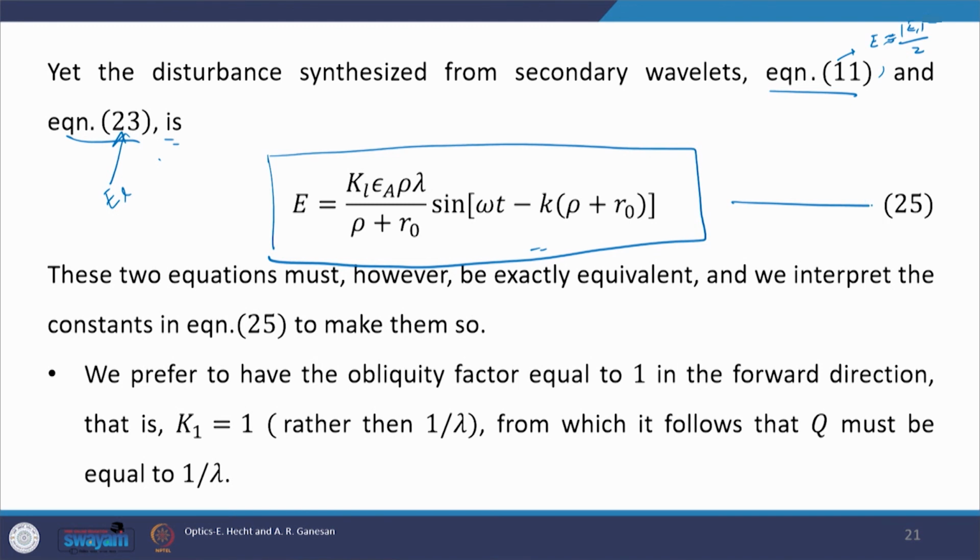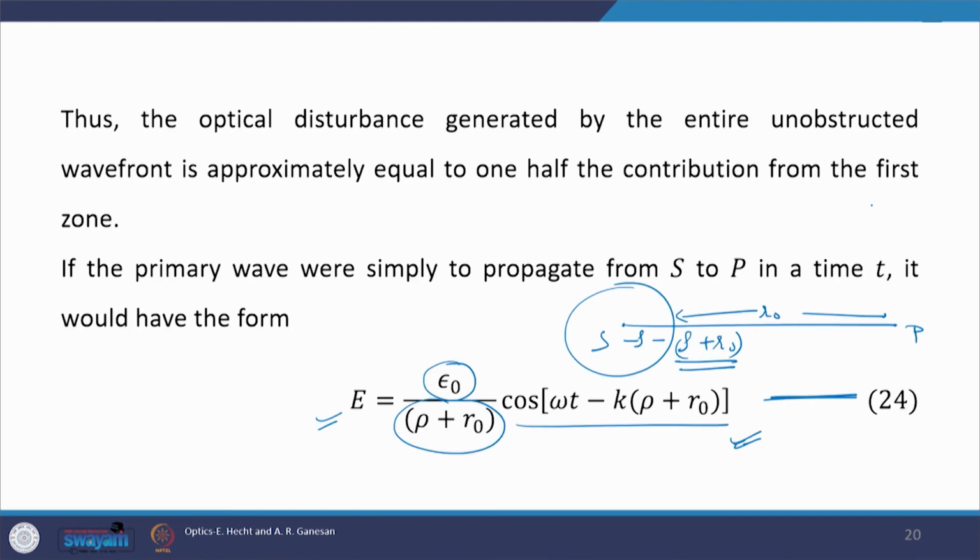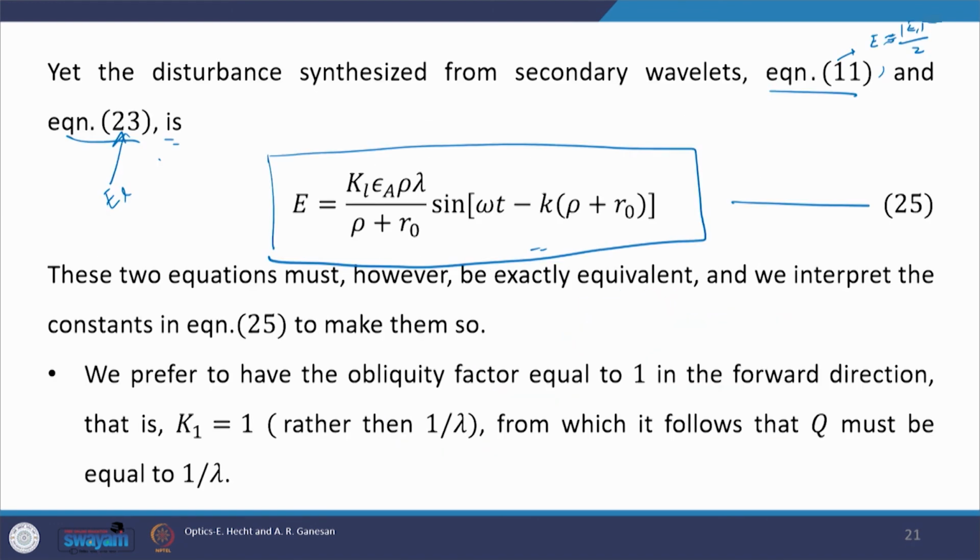Now, this equation number 25 must be identical with equation number 24, so let us compare them. These two equations must be exactly equivalent, because they are saying the same thing, and we interpret the constant in equation number 25 to make them so.